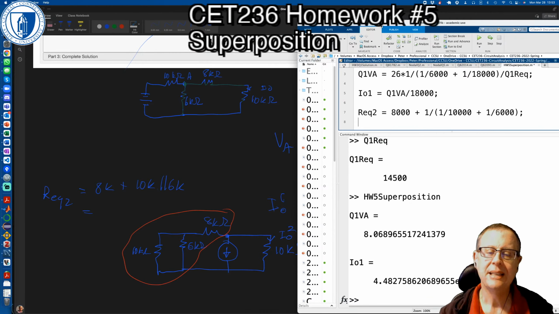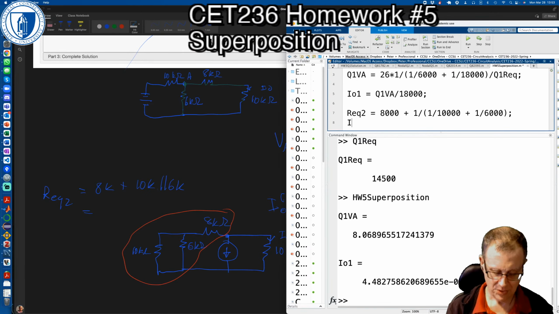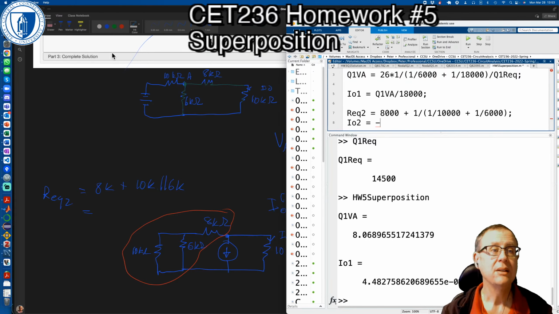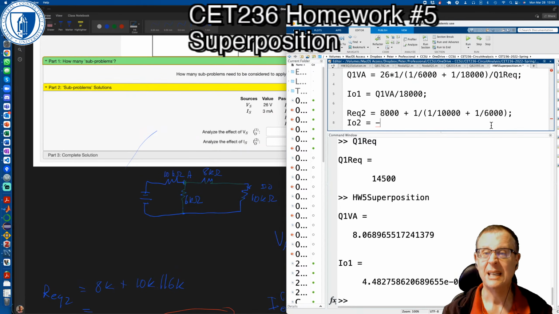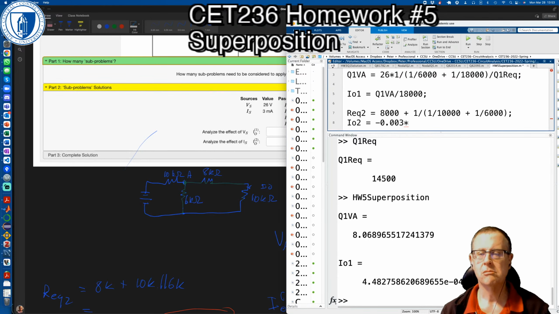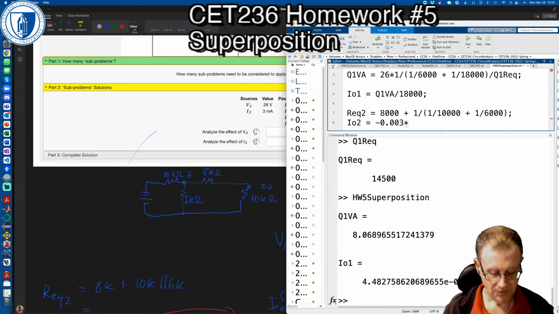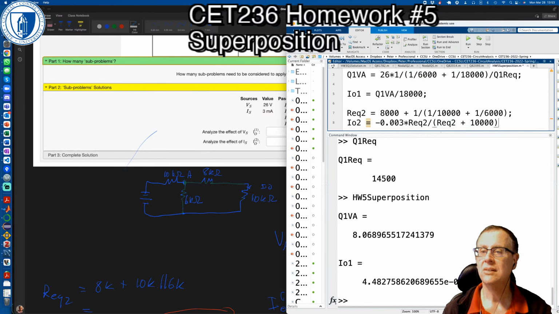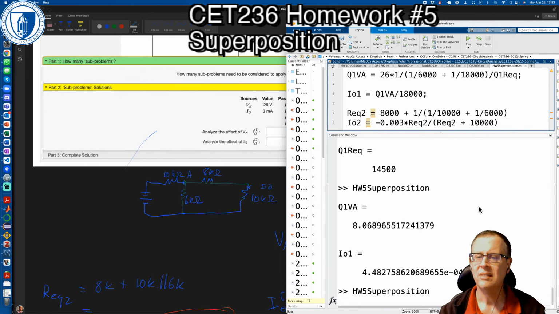Now it's going to be the negative of this, so I out 2 is going to be minus IS, which was 3 milliamps, 0.003, times the resistance in the other branch, REQ2, divided by the total resistance of both branches. Right, so it's going to be something like that, and I'm just going to see if that works.